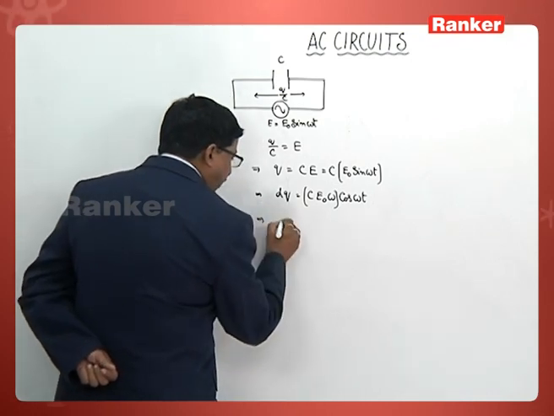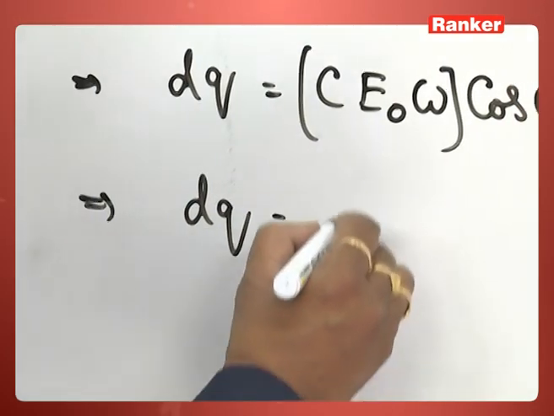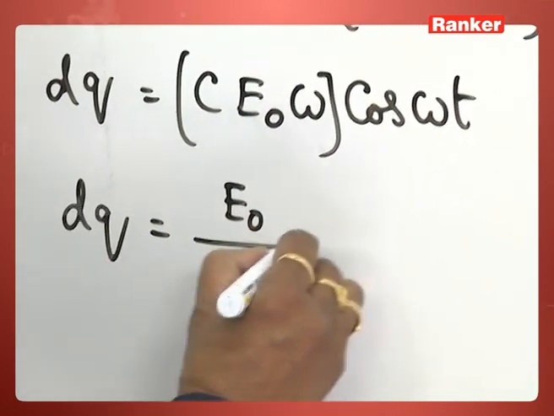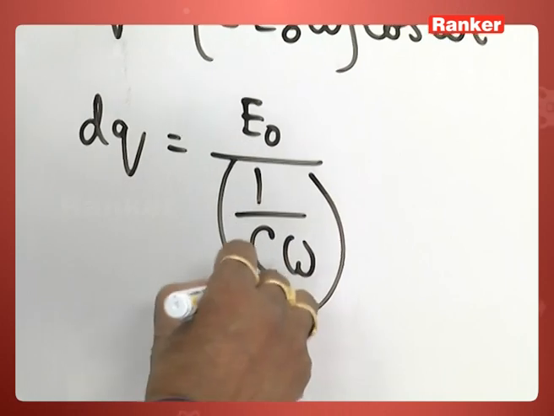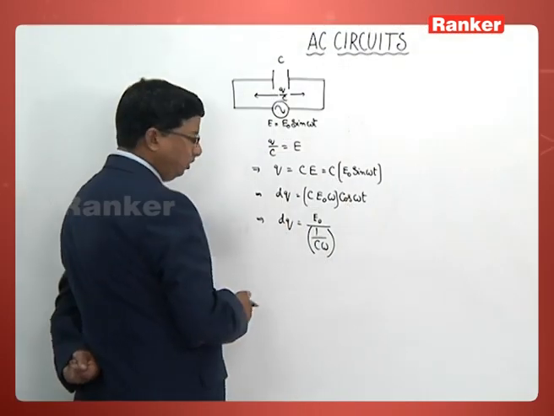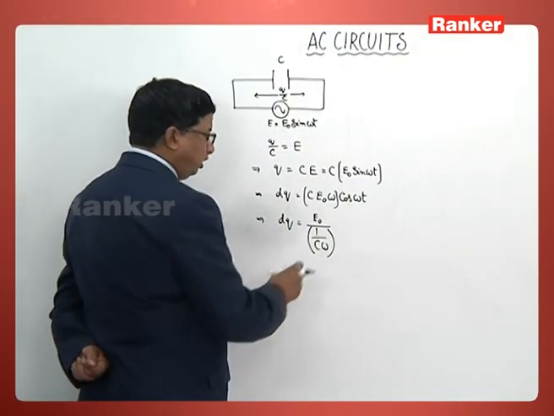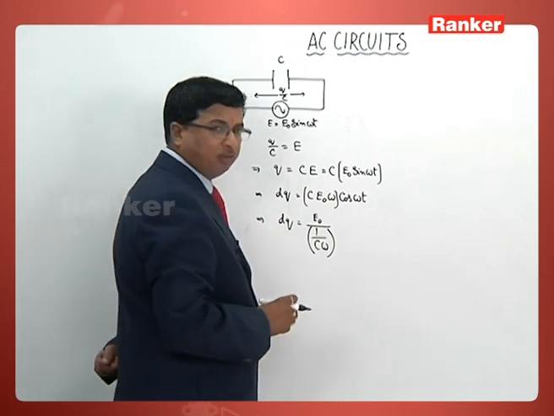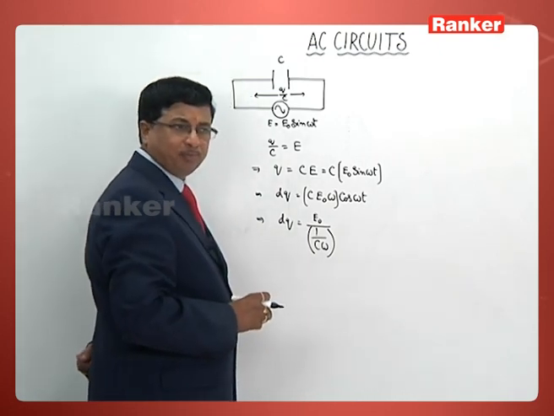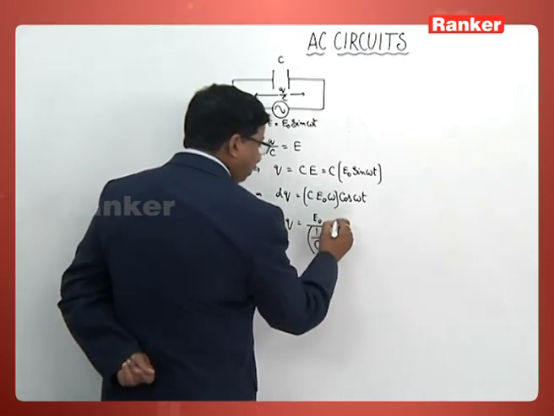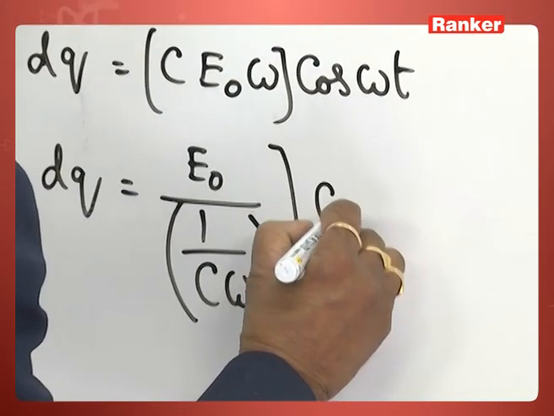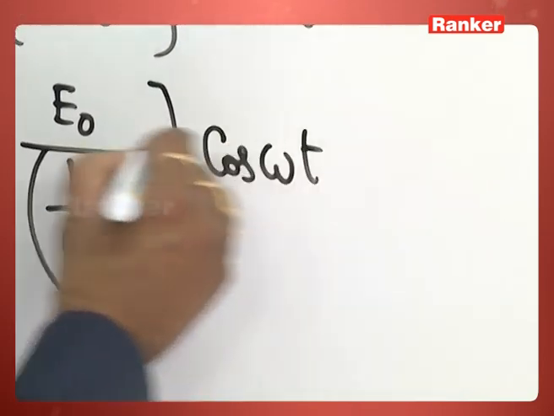Therefrom I can write the same this way, dq is equal to E naught by 1 by c omega. I write it this way. If c omega comes to the numerator, automatically that becomes E naught c omega only. So it is E naught by 1 by c omega into cos omega t. That is the formula.